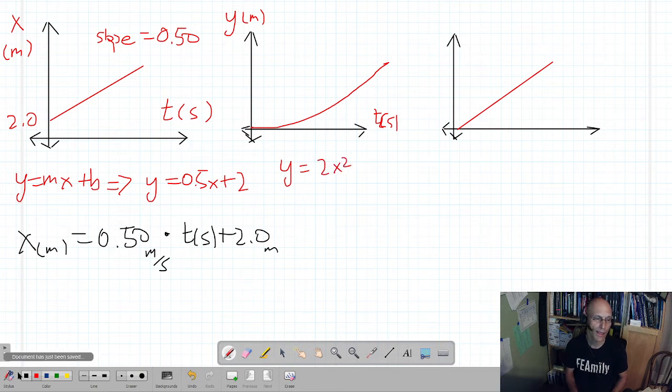So now, again, I want to write this in a way that communicates what the axes show. So I would linearize this graph, and I would do that by squaring t. And I'd say that y, in meters, is graphed over time squared in seconds squared.